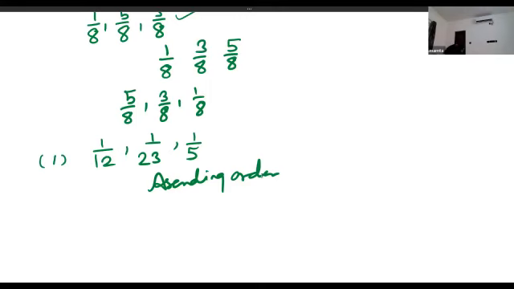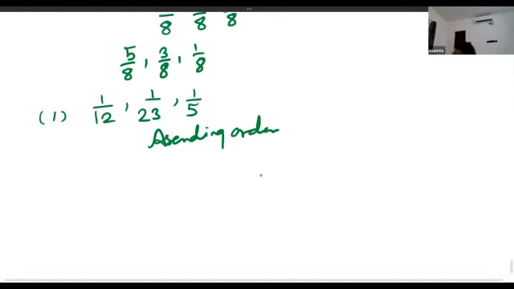So 1 by 12 and 1 by 23, which number is greater? 1 by 12 is greater, okay? And in 1 by 12 and 1 by 5, which number is greater? 1 by 5. So 1 by 5 is greatest among all, right? So, ma'am, the order is 1 by 23, 1 by 12, 1 by 5.